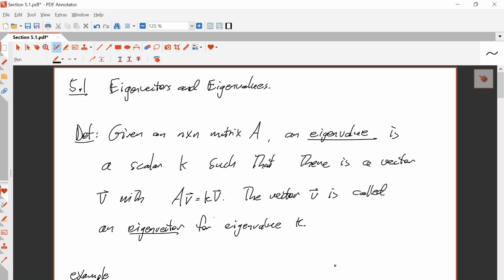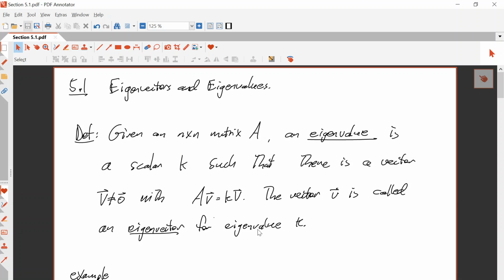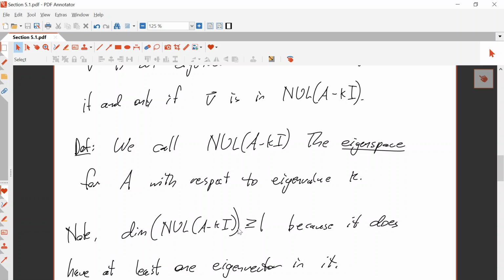An eigenvalue such that there is a vector v not equal to 0. Right. The vector v is called an eigenvector. So yeah, you can't have a 0 vector because A times the 0 vector is always 0. But that's always true, and we're talking about some special instance. So we don't use the 0 vector as an eigenvector. So when you're calculating this eigenspace, the null space of A minus kI, if you already have an eigenvector, you know that you're going to get at least one vector in there.